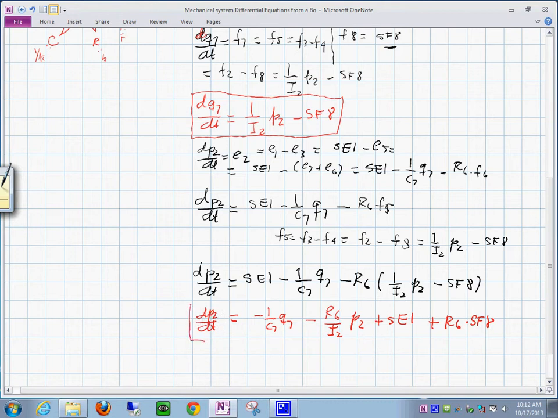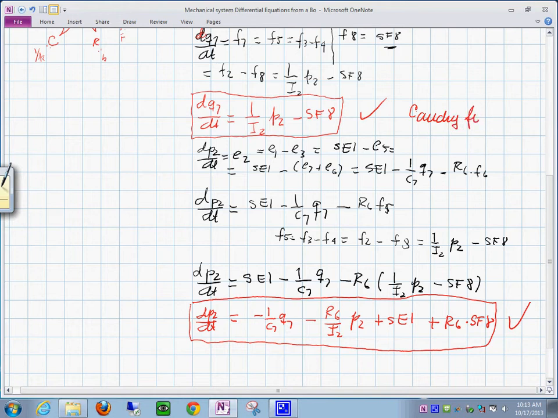And this other equation, this one combined with this, see these two, these are called the Cauchy form.